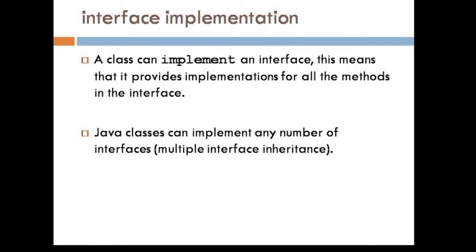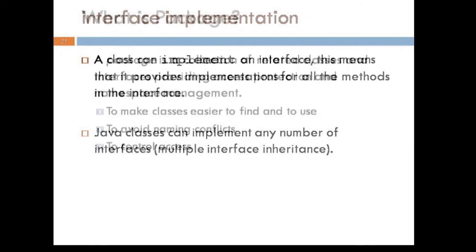You cannot have more than one parent class in Java. But in the case of interfaces, we can have more than one interface implemented by a particular class, and there can also be more than one interface inherited by another interface. So multiple inheritance is supported in the case of interfaces but not in the case of classes.